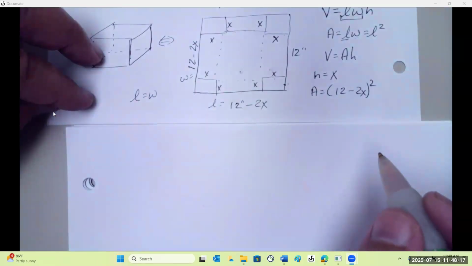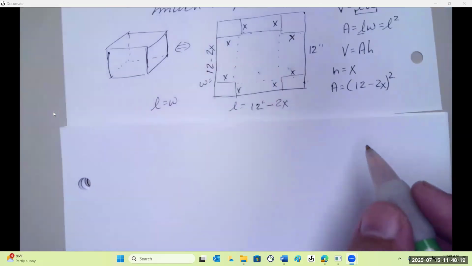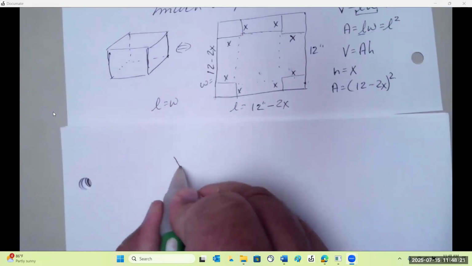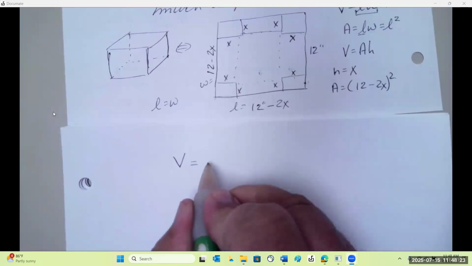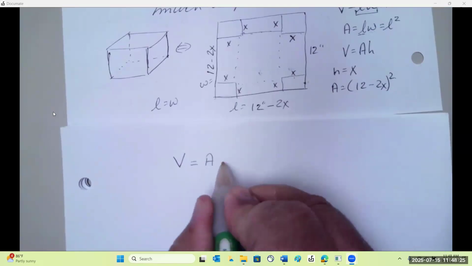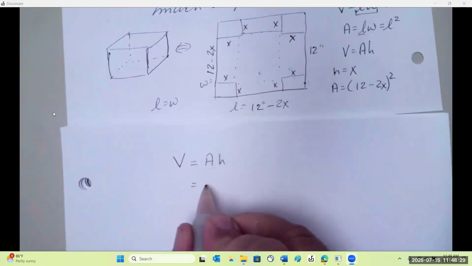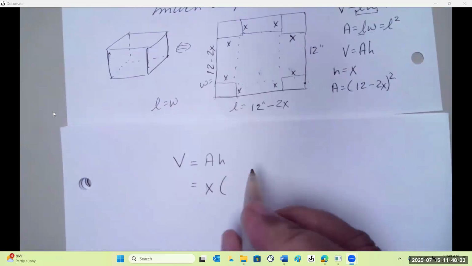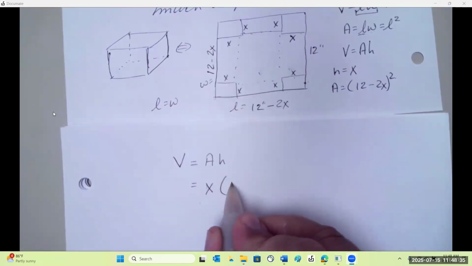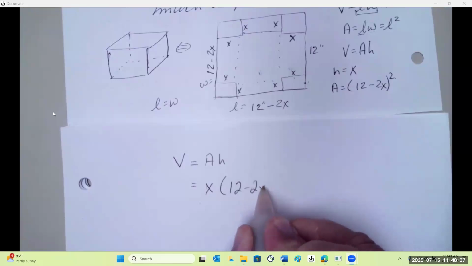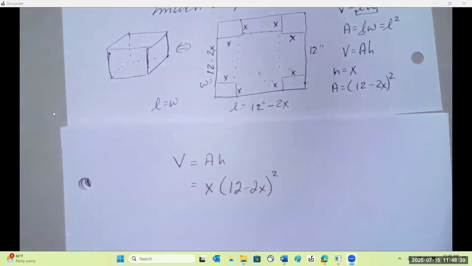Okay, thank you. So we have area times height is the volume. The height is x, and the area is 12 minus 2x squared.